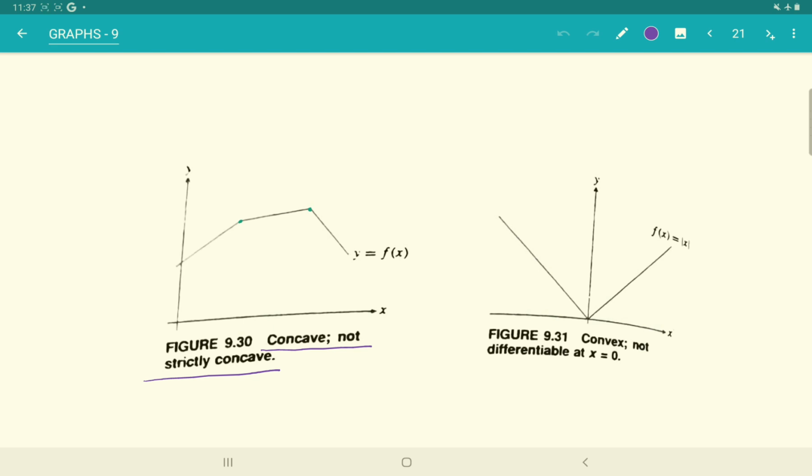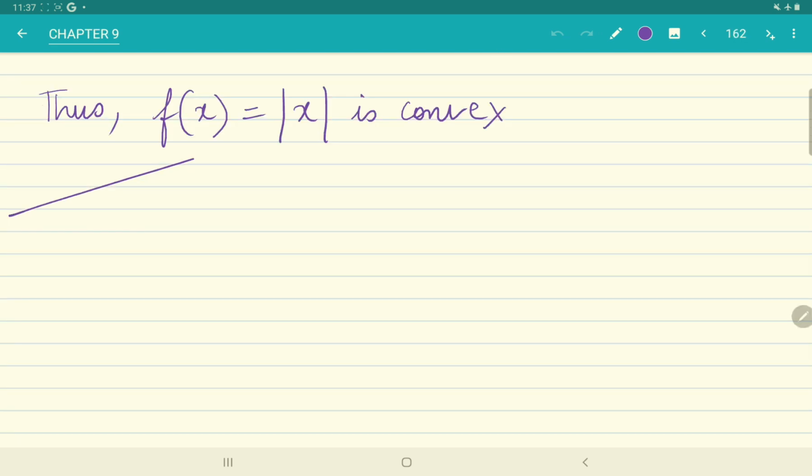Now we take up another question. Let me repeat that what we have taken up here is f of x is equal to mod x. This is a function which is not differentiable at x equal to 0. Still, we have been able to prove its convexity with the help of the general definition.